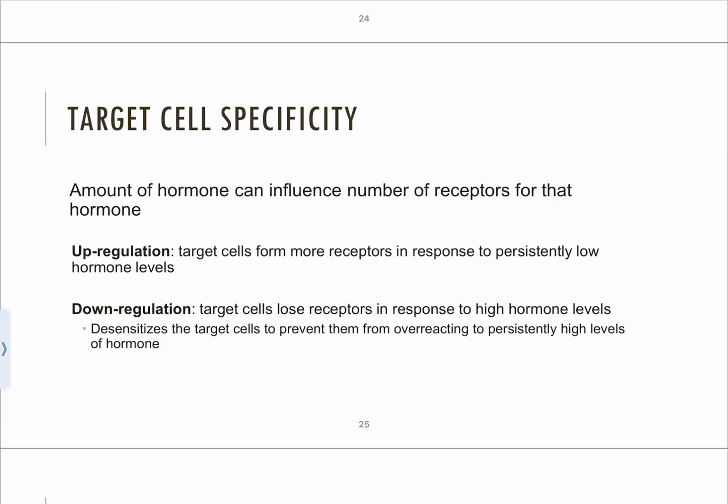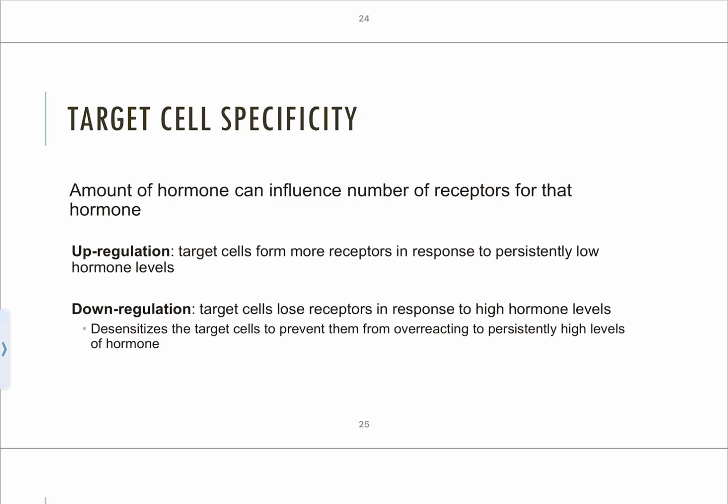So, the amount of hormone can influence the number of receptors for that hormone. We have something called upregulation and downregulation. In upregulation, the target cell forms more receptors in response to persistently low levels of that hormone. And then we have downregulation, where the target cells will actually lose or shed their receptors in response to high levels of that hormone.